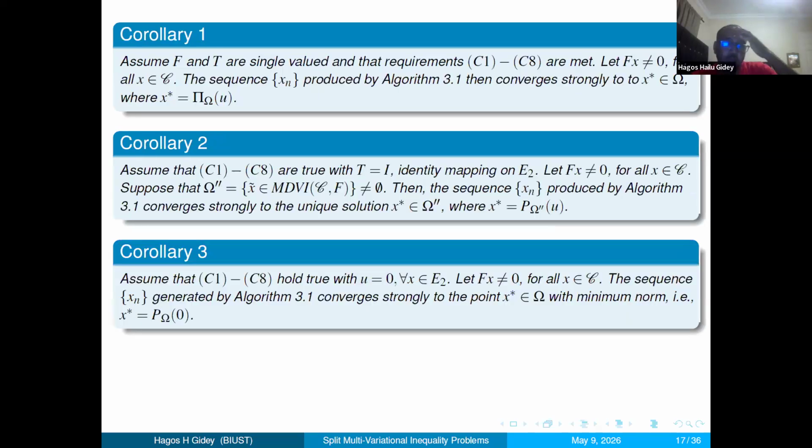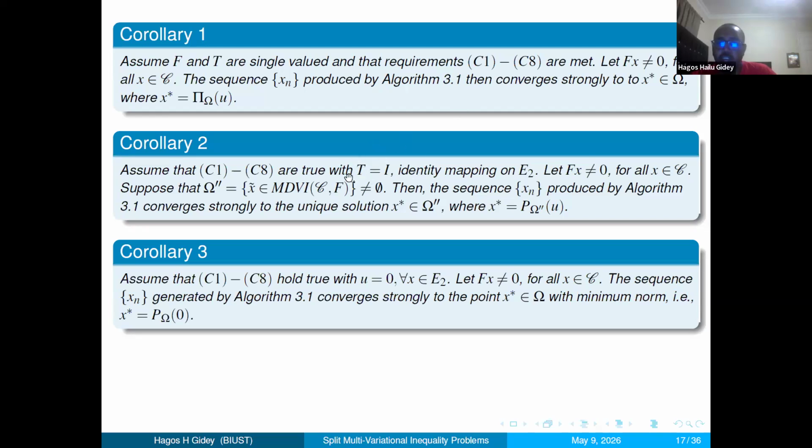And here are some consequences of the results. If you assume f and t to be single valued, we are back to problem 4. And this algorithm works and is strongly convergent.